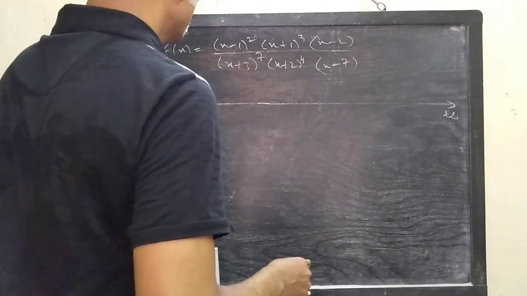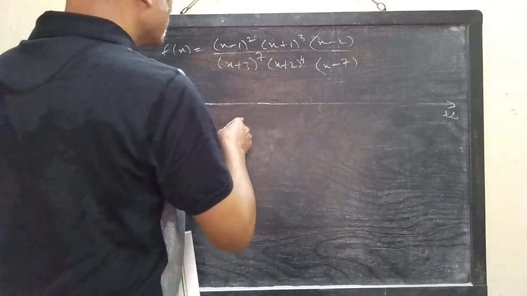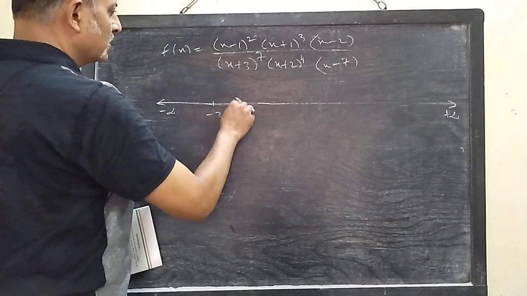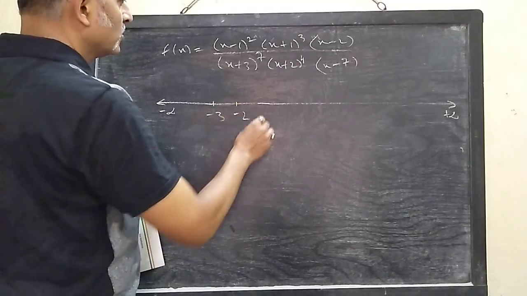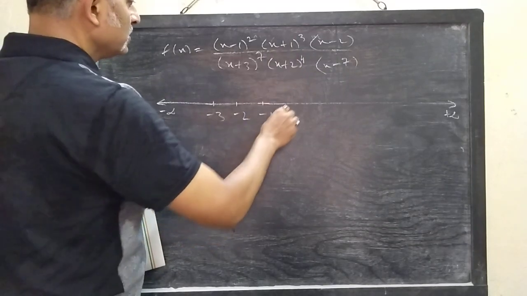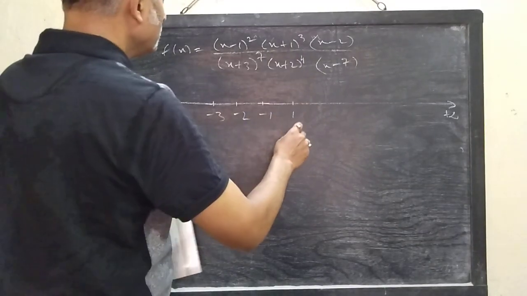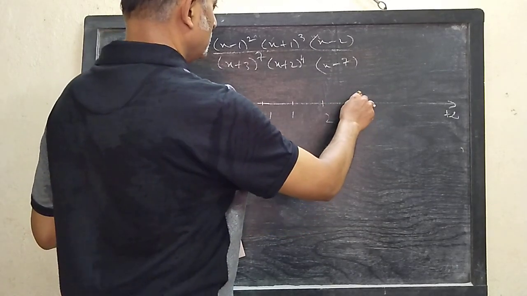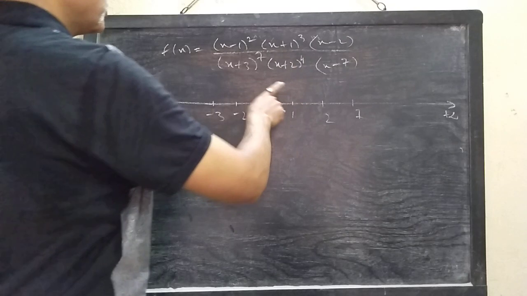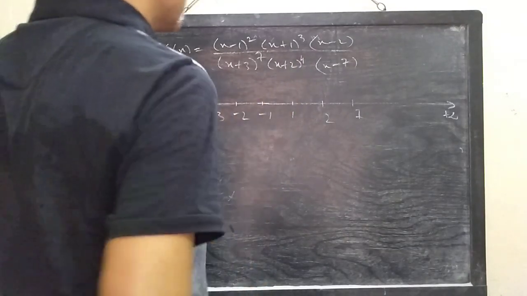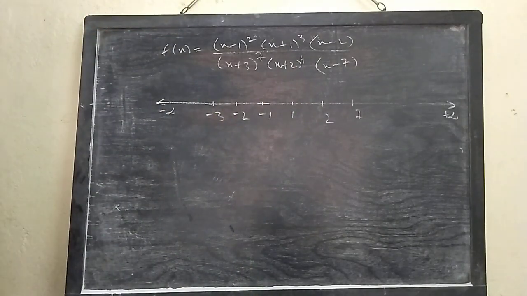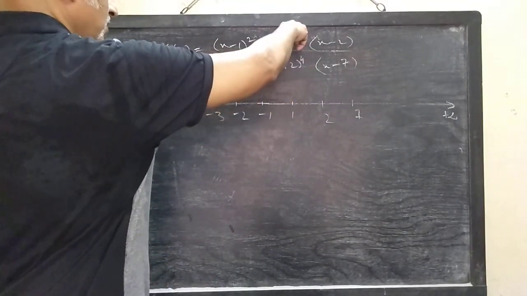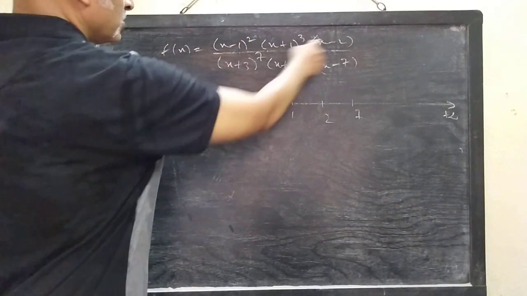The zeros are, leftmost is minus 3, then minus 2, minus 1, 1, 2, then 7. There are 6 zeros combining both numerator and denominator. Check again: minus 3, minus 2, minus 1, 1, 2, 7.